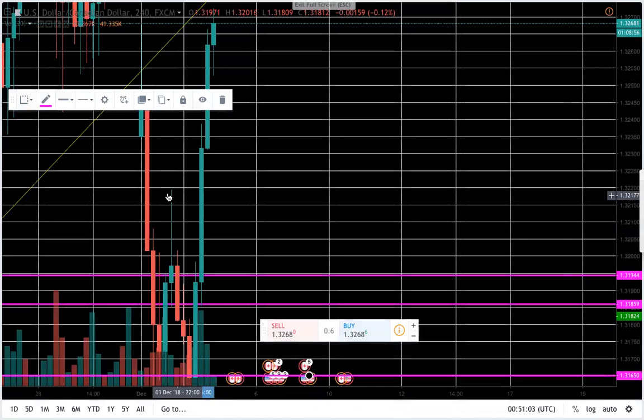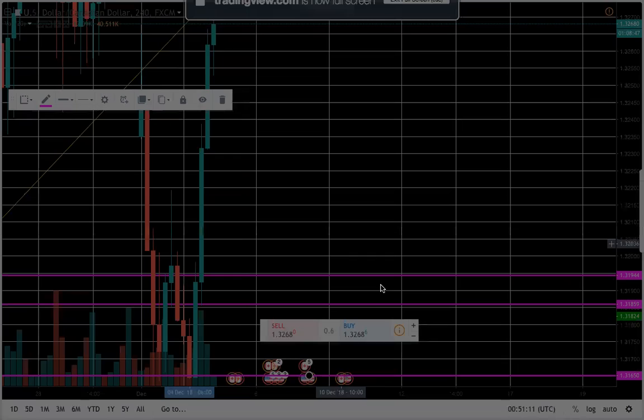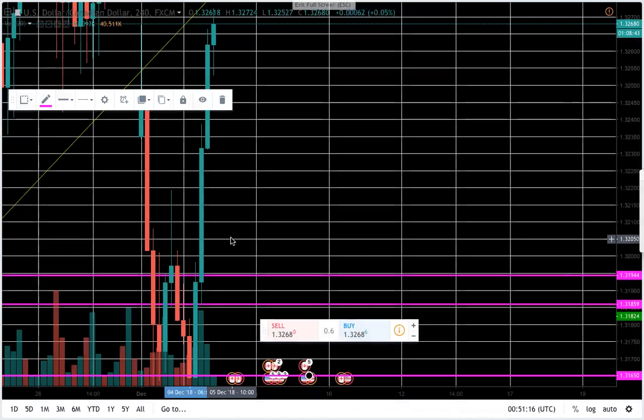You can even mark this as a main rejection line as well. Anywhere there's price rejection can actually be a floor and a ceiling. But what you want to do is have these pre-marked as your floor and ceiling, and when price goes back to those marks, you'll know that's going to be a zone of resistance or rejection.